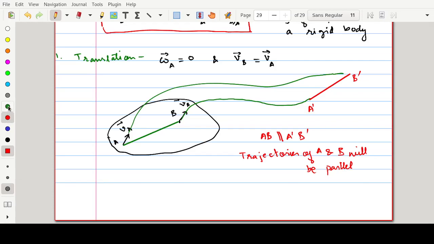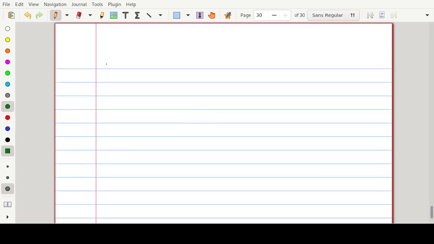Now the second case is rotation about a point.